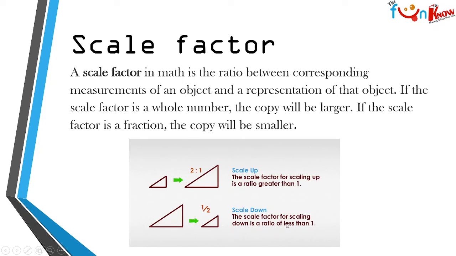The scale down factor means less than 1. Scale down is the scale factor for scaling down, and it is a ratio less than 1. Scale up is a ratio greater than 1. Scale up greater than 1, scale down less than 1. Okay.